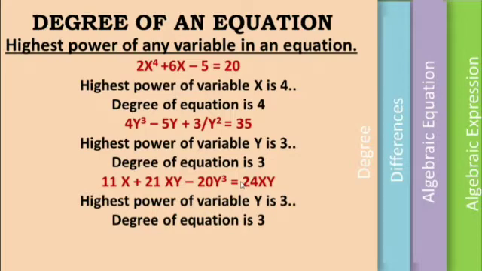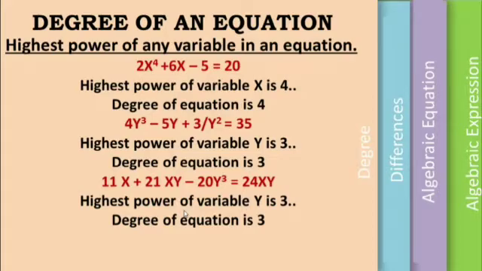Now, as you can see, in the xy term, the power is 2 since x and y have their powers as 1. We need to add up the powers of these two variables to get the total exponent of this term. Now compare the powers of the equation. So the highest power of variable y is 3. Hence, the degree of equation is 3.